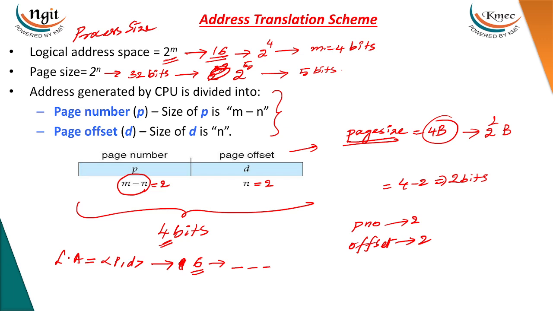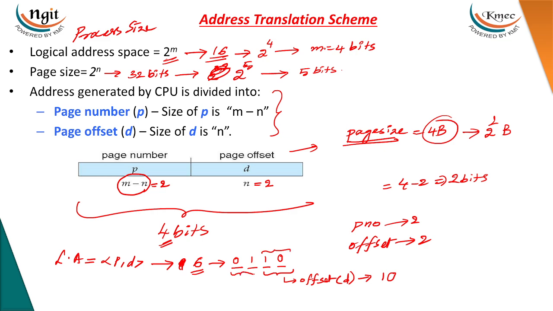It is 0, 1, 1, 0. The last two bits represent the offset value, that is D. The value of the last two bits is 1, 0.